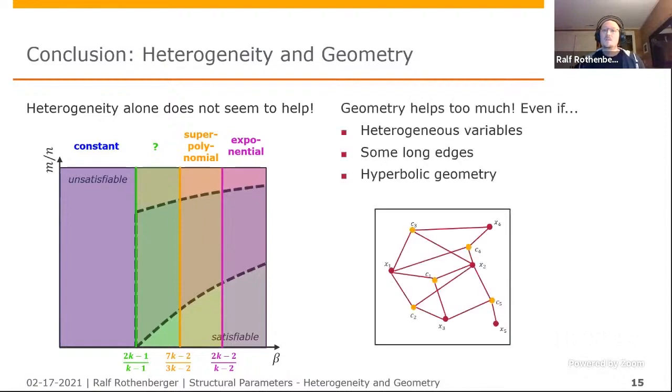And if you have geometry, it seems to help too much. It makes formulas trivially unsatisfiable if you draw a number of clauses that's linear in the number of variables.